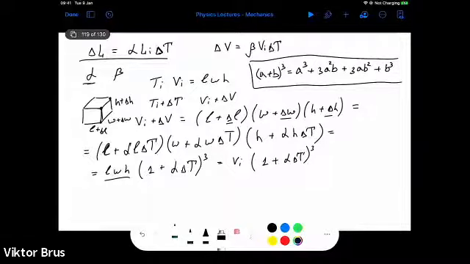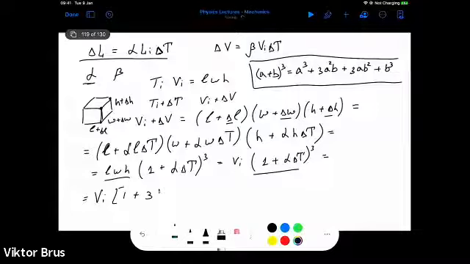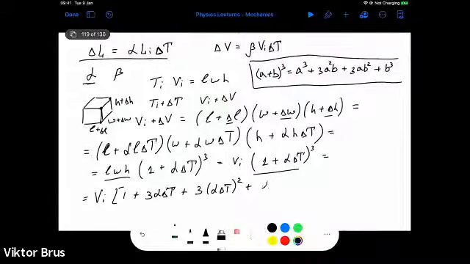If we take this into account and open this parenthesis, we will end up with another equation: initial volume times (1 plus 3 alpha delta T plus 3 (alpha delta T) squared plus (alpha delta T) cubed).